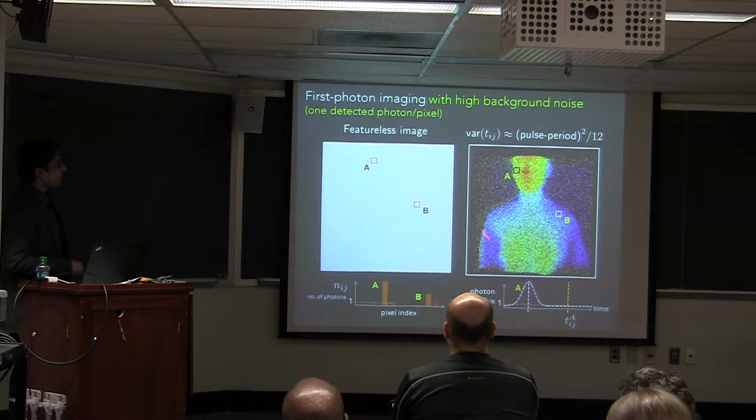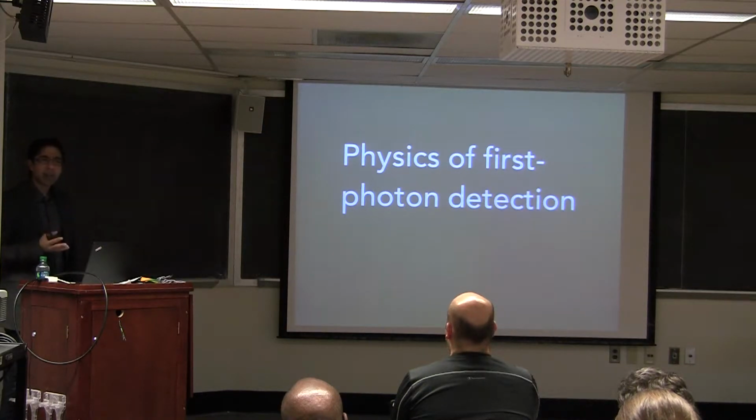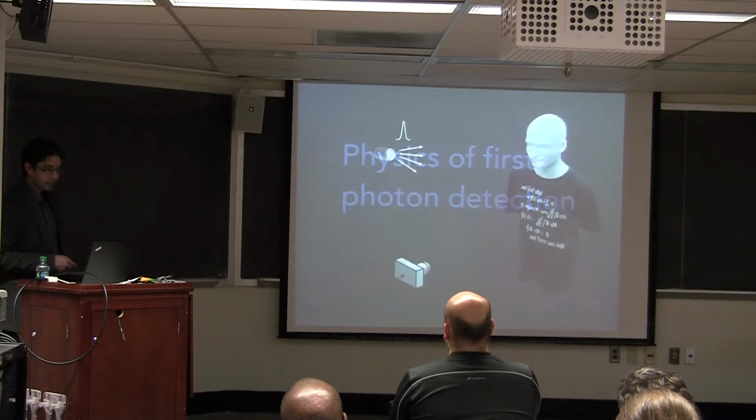So again, we'll want to do some new interpretation of this data to form much better images. So what's that going to be? Well, we're going to first look at the physics of the detection a little bit more closely, and then make a couple of very simple observations that enable us to form interesting images.